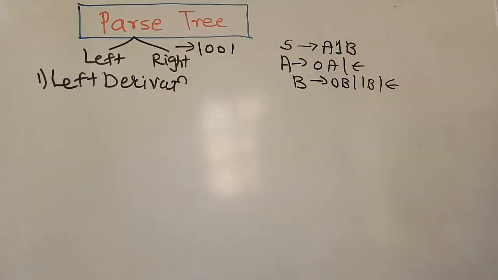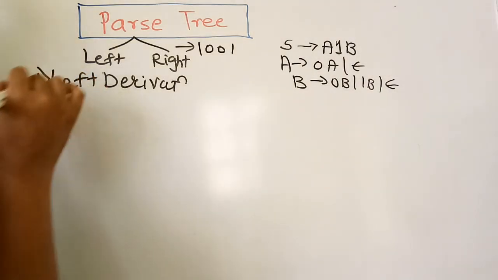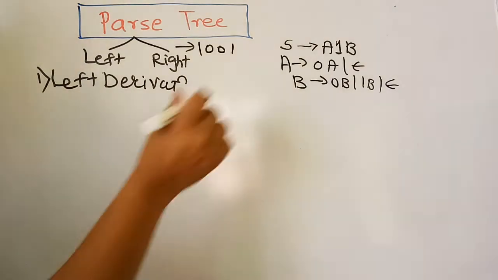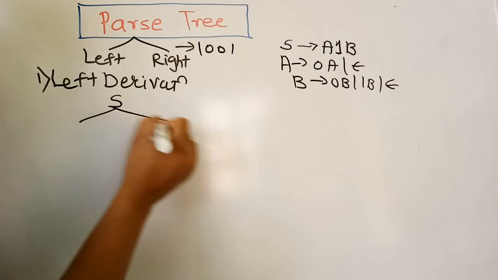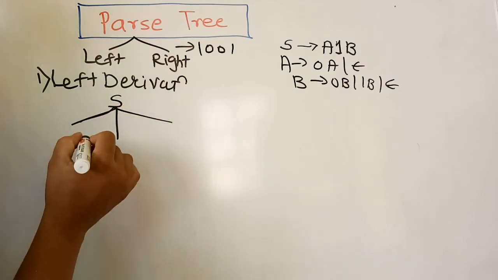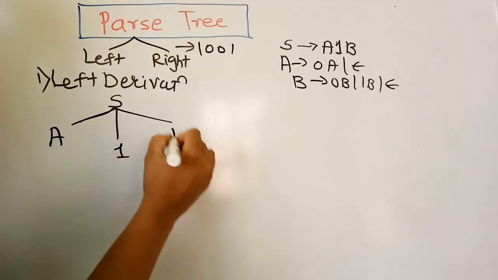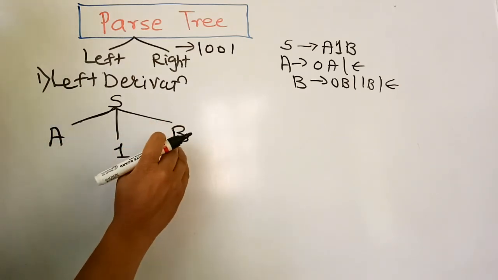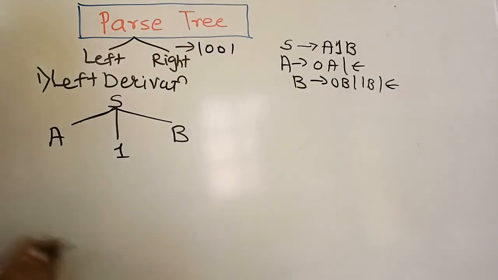Now, what is the leftmost derivation? In the rules of the parse tree generation, we have seen that we have to start from the starting symbol as a root. So S will be the root. So what is the next part of that tree? The first production is A1B. These are the children, but these will have further children.